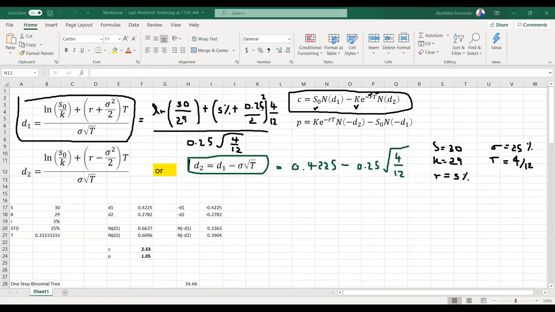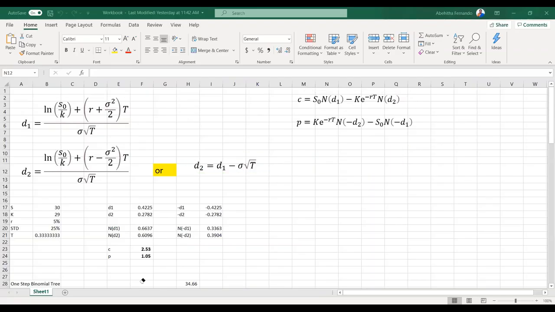Okay. So the next step would be to find the probabilities of D1 and the probabilities of D2. In order to find these, either you can use the calculator.